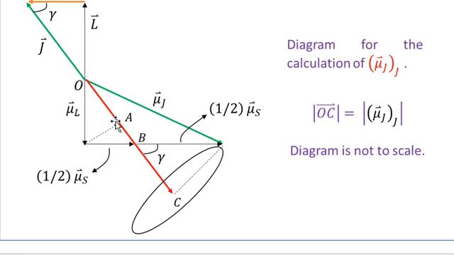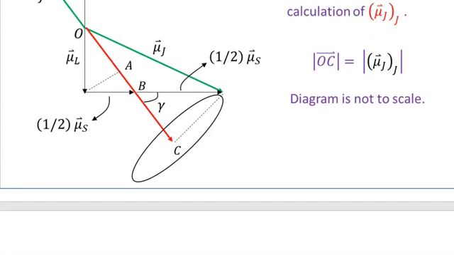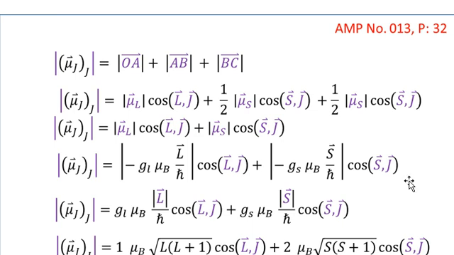And I shall use three right angle triangles. One right angle triangle is OA and this dotted line. The other right angle triangle is A, the dotted line, and then from this dotted line to B. And the third right angle triangle is from B to C, following the dotted line. Using these three right angle triangles, I have written down these values.